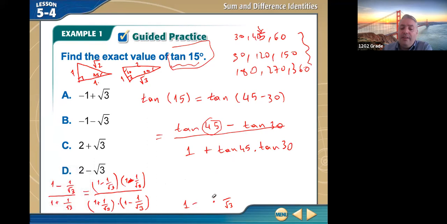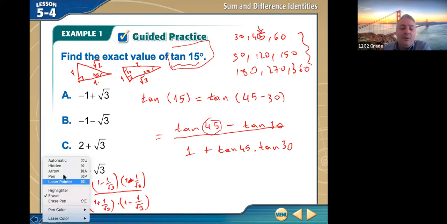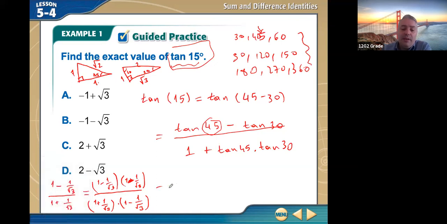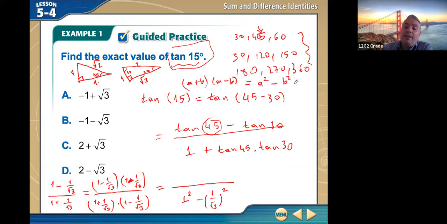First of all, the denominator is directly equal to a² − b², which means 1² − (1/√3)². Do you remember this one? When we multiply a + b by its conjugate, a − b, the result is always the first one squared minus the second one squared, always.